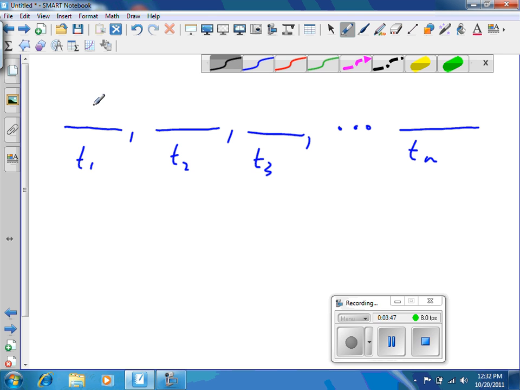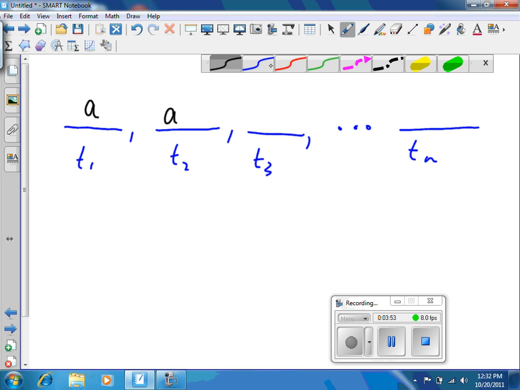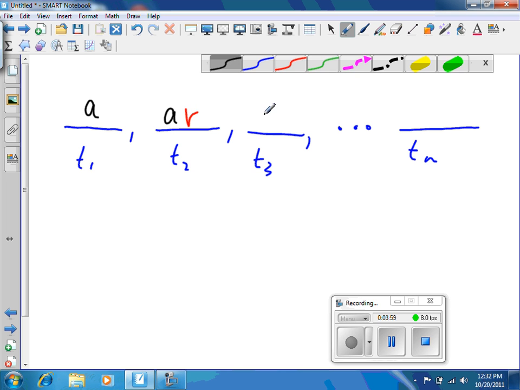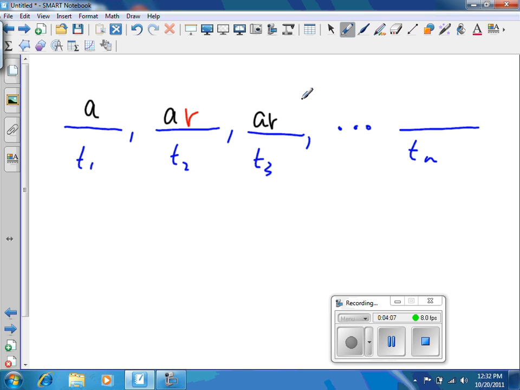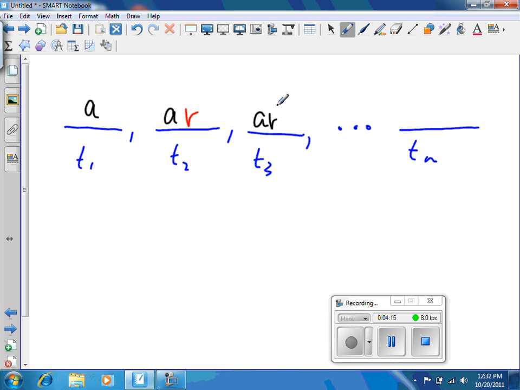The first term is A, and to get the second term you take A and multiply by the common ratio. To get the third term you take AR and then multiply by the common ratio, which is another factor of R. So you end up with R squared.